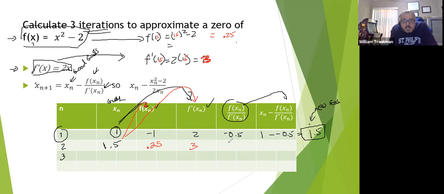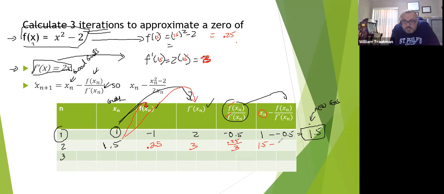Then I do the top function, 0.25, divided by 3. Do you see the top function divided by the derivative function? And then I get the x of n, which is 1.5. That's my new x of n, minus 0.25 divided by 3.